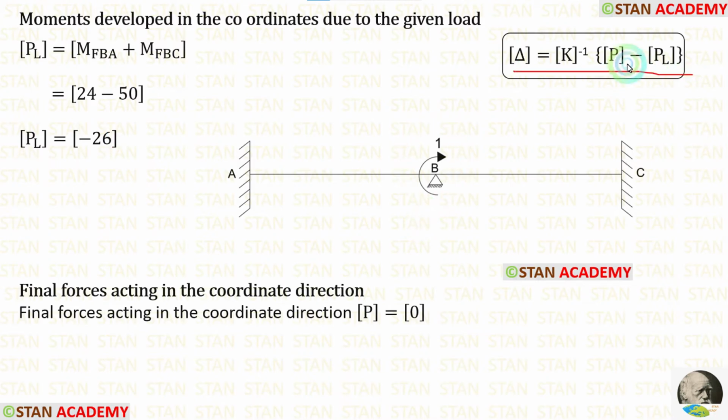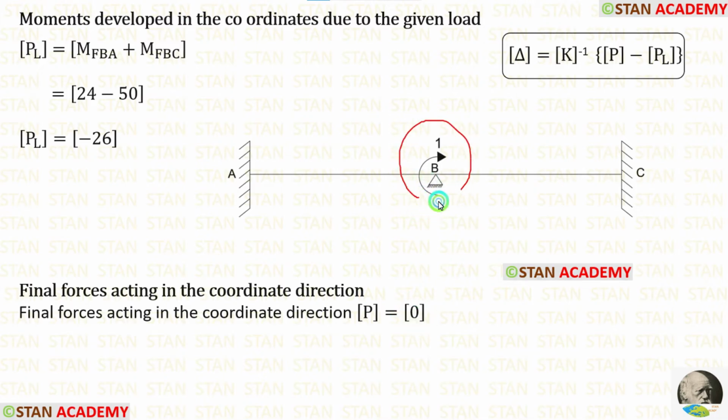In this formula, now let us find P matrix. We know that P matrix is the final forces acting in the coordinate direction. If in the beam there is overhanging, we have to calculate P matrix. Otherwise, we can simply enter 0. In the given beam also, there is no overhanging, so we can simply enter 0.